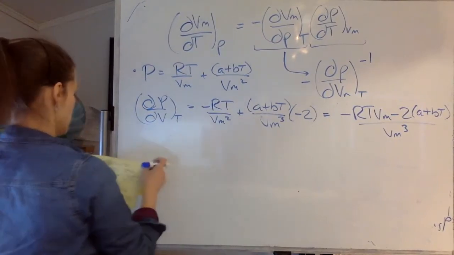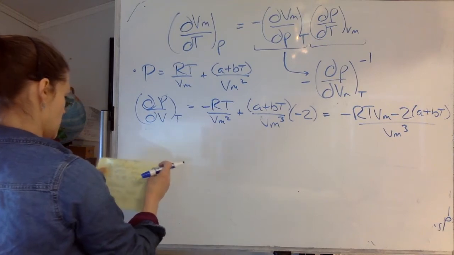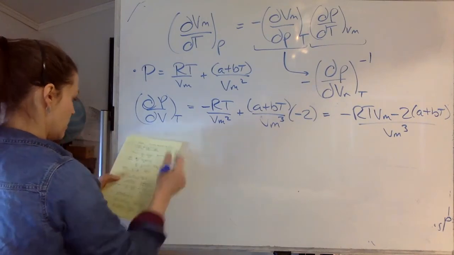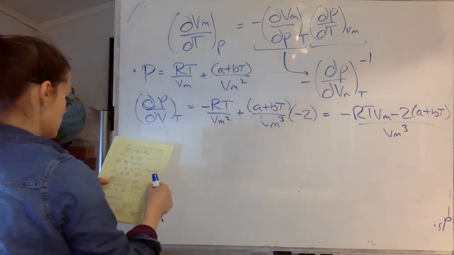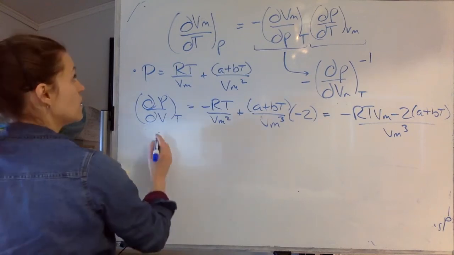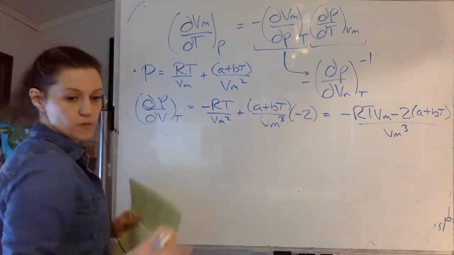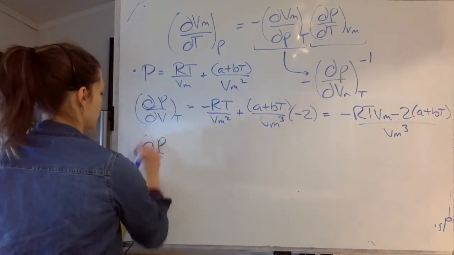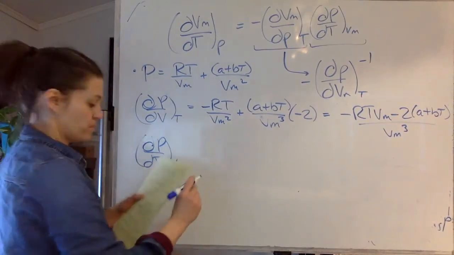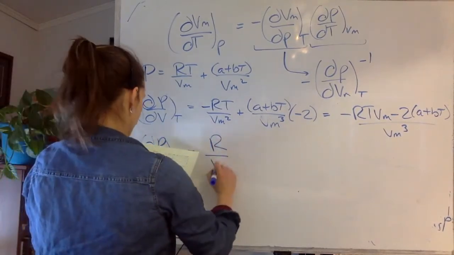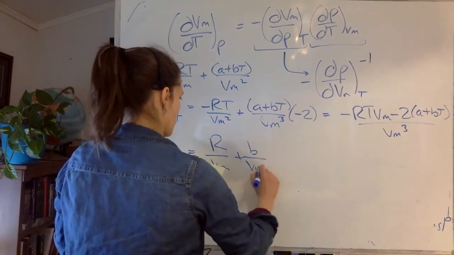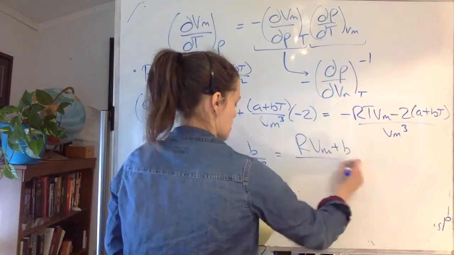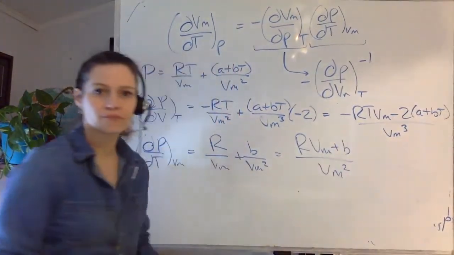Next, we've got this part, dP dT at constant V is just R over VM plus B over VM squared. Simplifying that, R VM plus B over VM squared.